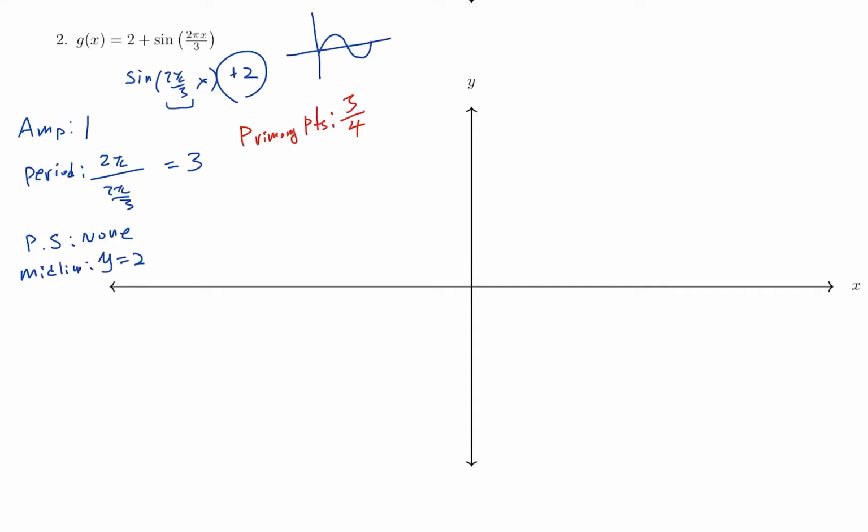That means that when I label the x-axis, it's helpful to label by 3 over 4 at a time: 6 over 4, 9 over 4, 12 over 4. 12 over 4 is 3. And this 3 should be the same as the period. It's not a coincidence. Basically, we're dividing each one period into 4 different sections.